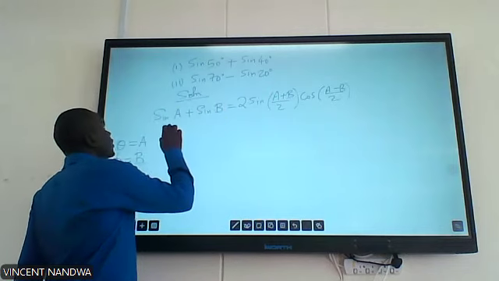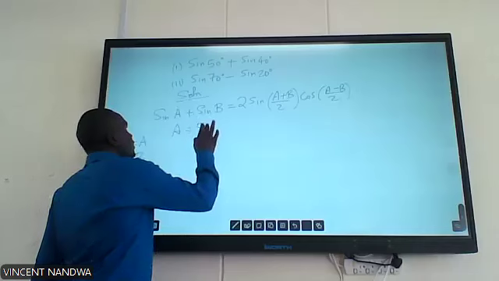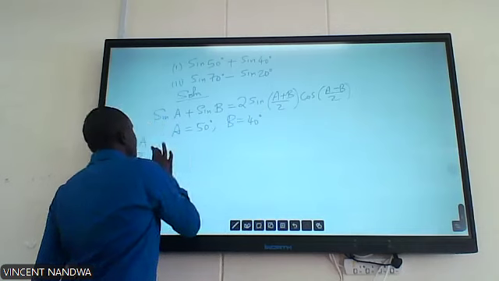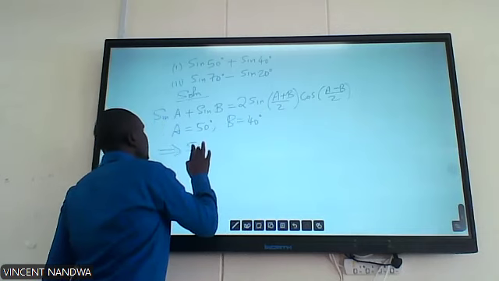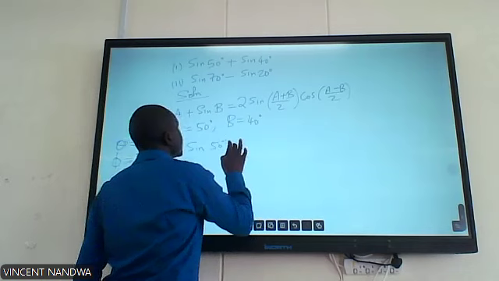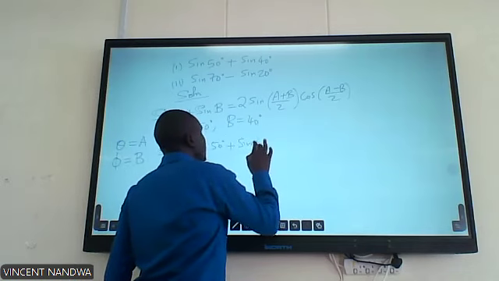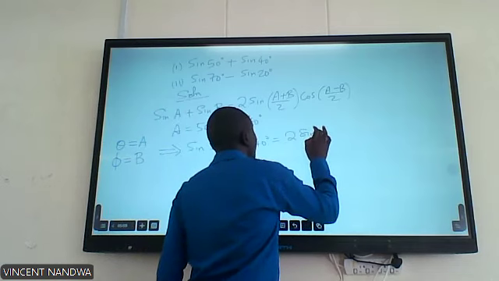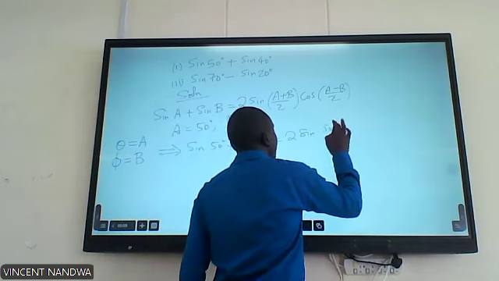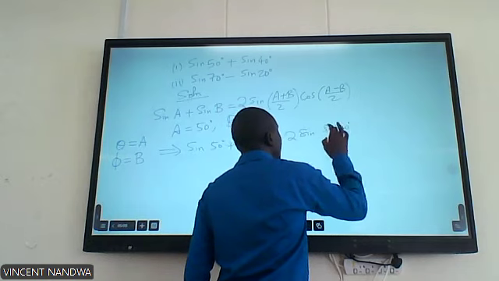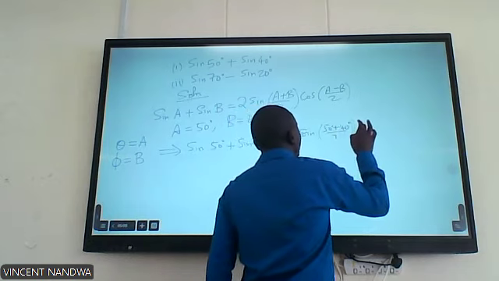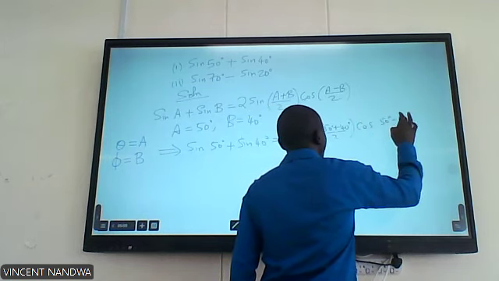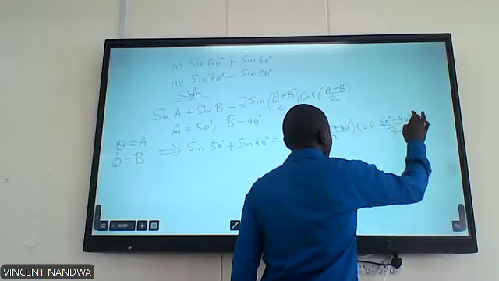So this is the definition. A in this case is 50, then B is 40. So this implies that sine 50 degrees plus sine 40 degrees will be 2 sine of 50 plus 40 divided by 2 multiplied by cosine of 50 minus 40 divided by 2.